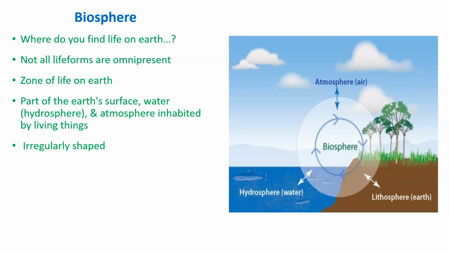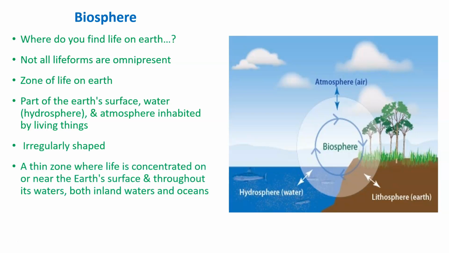So the biosphere is not a perfect circle. It has an irregular shape, and compared to the entire volume of the planet Earth, the biosphere is a thin layer, right? It's a thin zone within which life is concentrated.